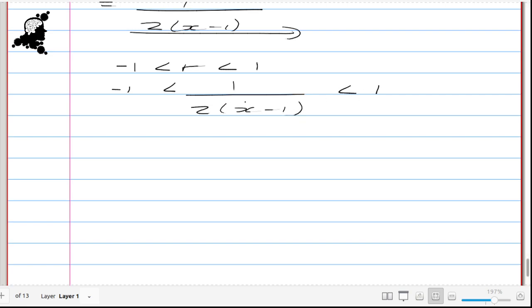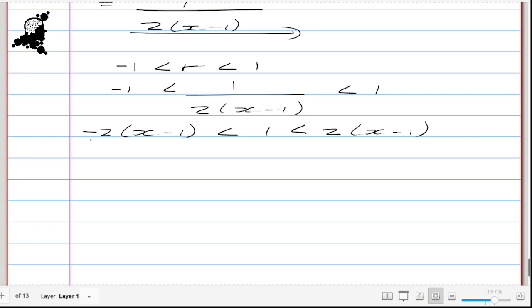Now for those of you who would remember from grade 8 and 10, to solve this inequality, we need to multiply both sides of the inequality with the denominator. So this is going to become -2 is less than x minus 1, which is less than +2 into x minus 1.